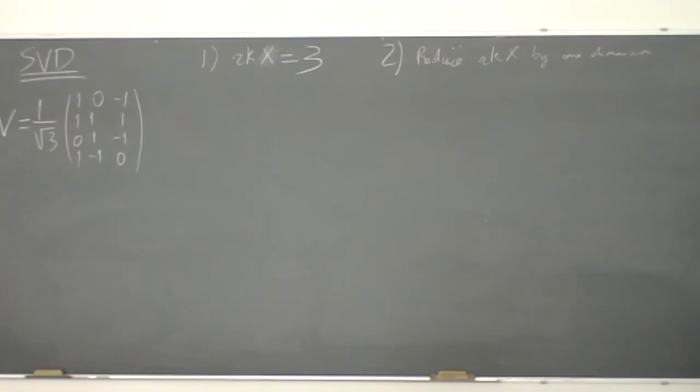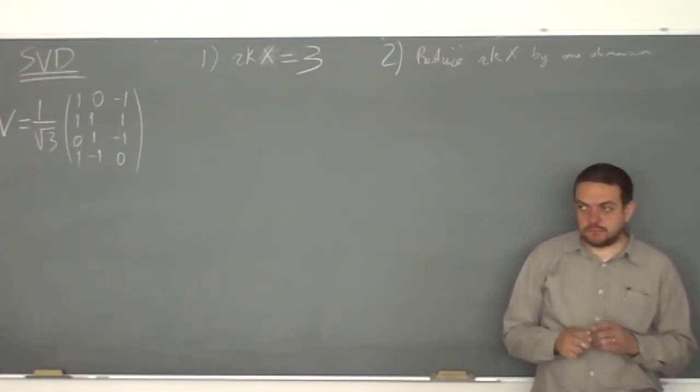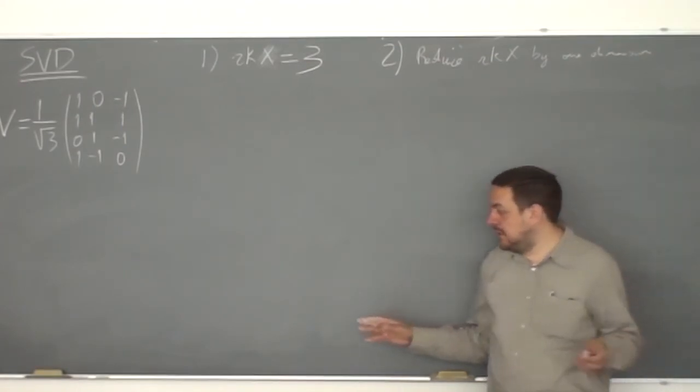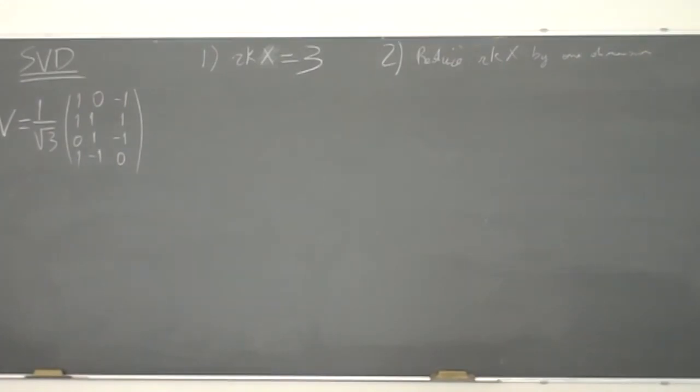So we want an approximation with rank 2. The only thing we need to do is remove the smallest singular value, so that Sigma becomes a 2 by 2 matrix.